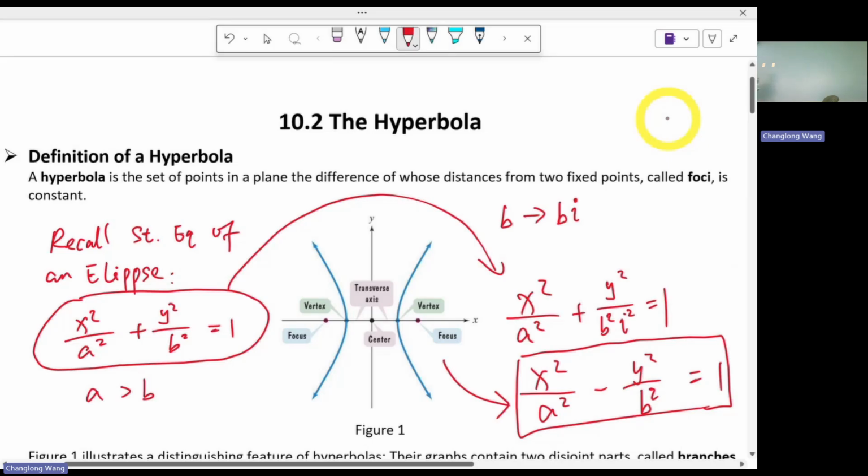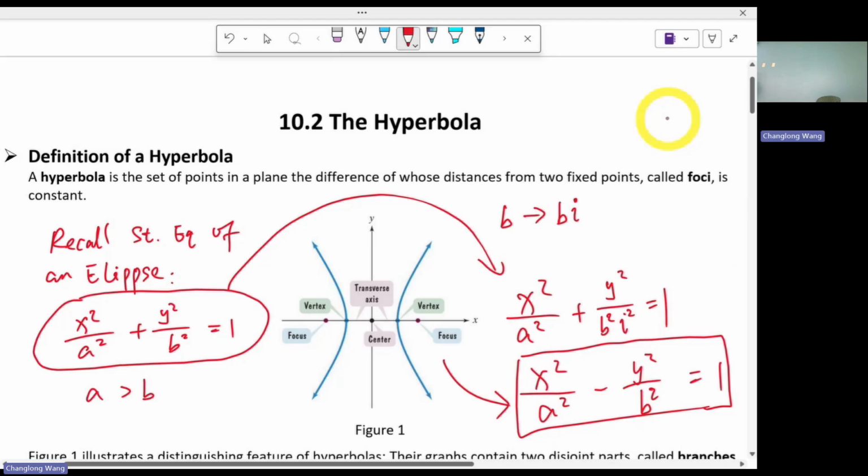If you take a look at the second page of your packet, 10.2, you see that there is another version for a vertically opening hyperbola, the one up there. Instead of x squared over a squared minus y squared over b squared, for the vertically opening hyperbola you have y squared over a squared minus x squared over b squared.